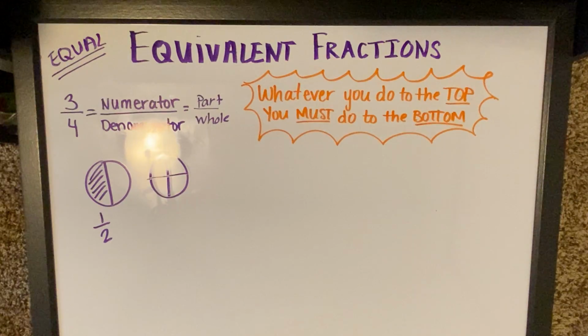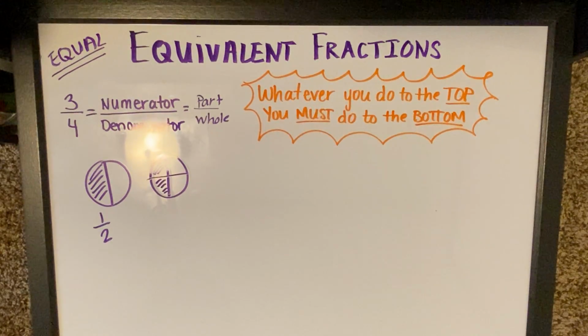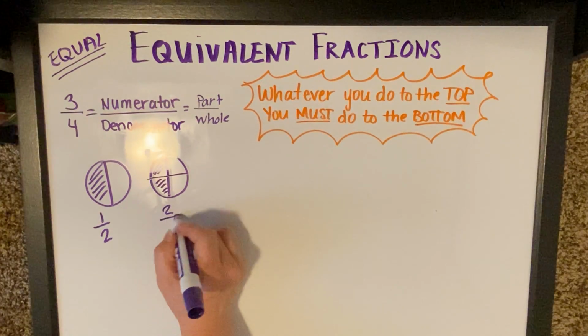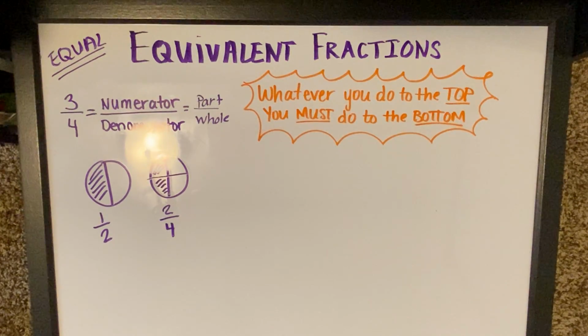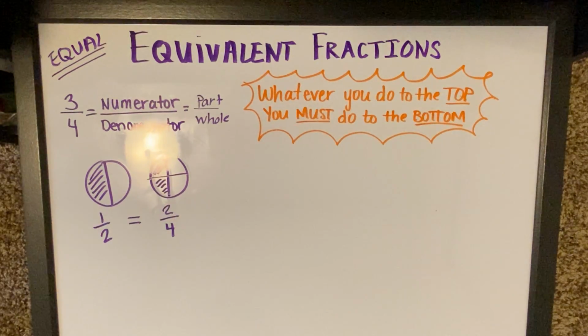If I broke it up into 4 parts, then to get the same amount that is shaded, now I would have 2 out of 4 parts. We know that these are equal. Now, we are not always going to have drawings to help us determine whether or not they are the same amount shaded. So we can rely on our math facts to help us.